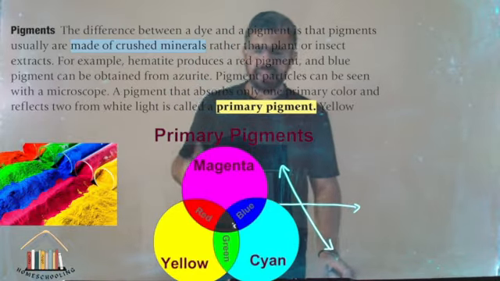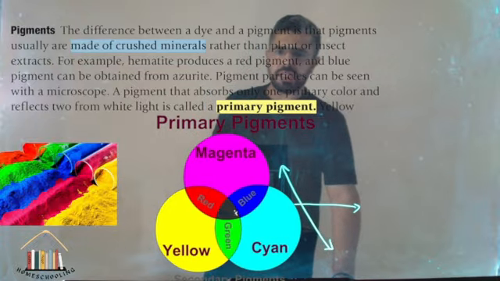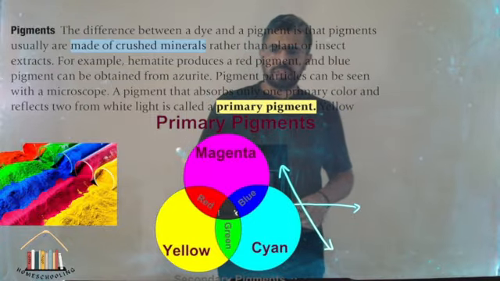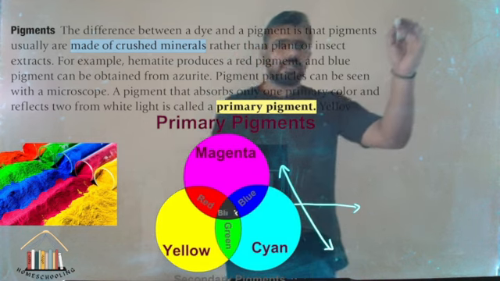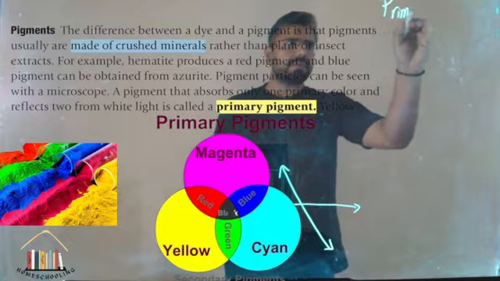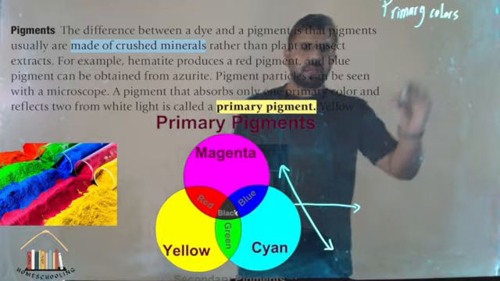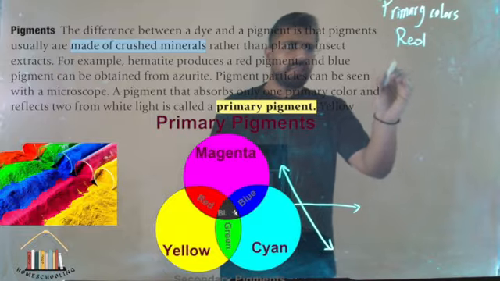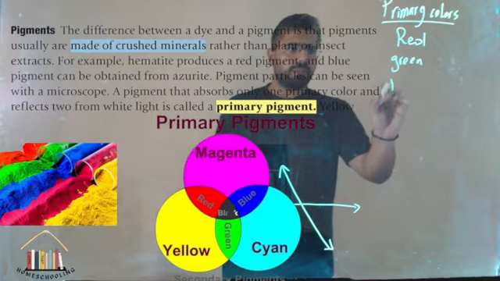As we have primary colors, we have also primary pigments. So what did you notice here? We have the primary pigments, which are the magenta, the yellow, and the cyan. Let's write it here. Primary colors, if you remember, they are the red, the green, and blue.